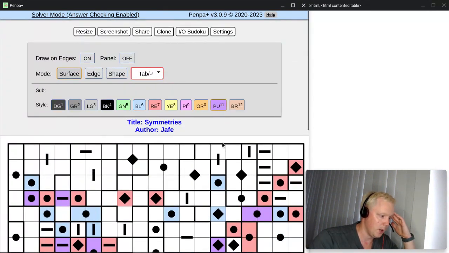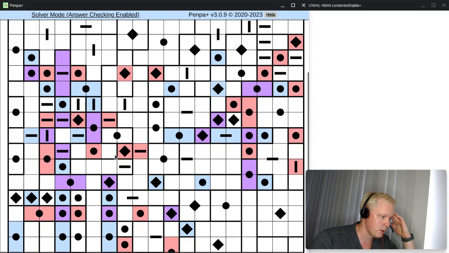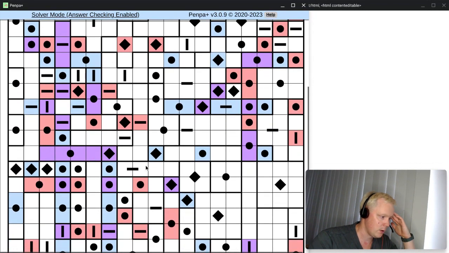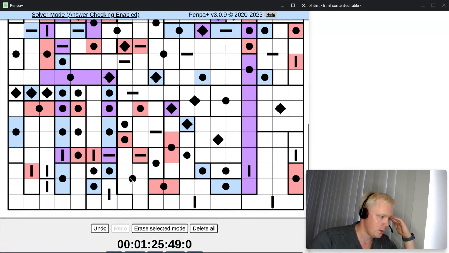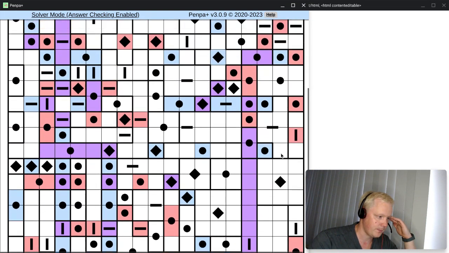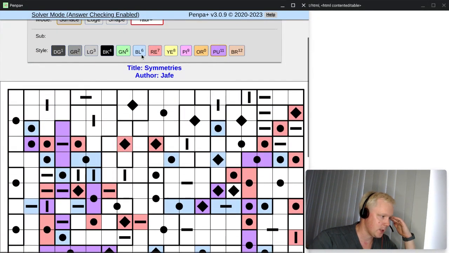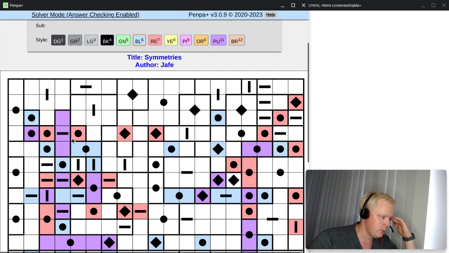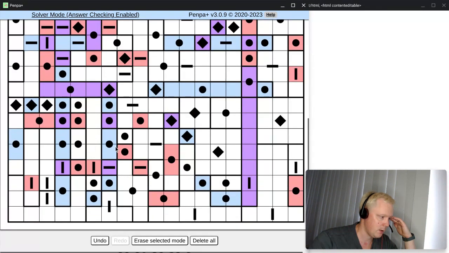So we need purple, so color in all the purple rooms, all the rooms that have a purple symbol. So we can do that. I think that's it. Then we need blue rooms, this one, this long one. Is that it? Here's one.